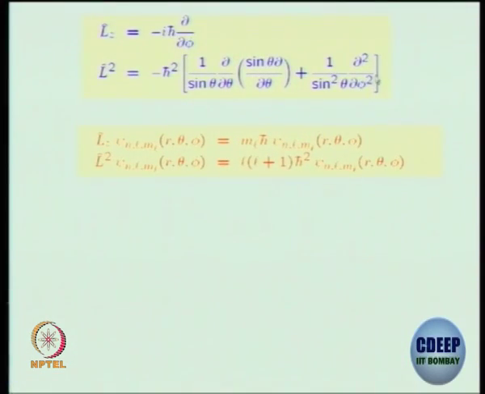What about L dot L? This also you can see will be the operator form acting on the theta phi part of the wave function.